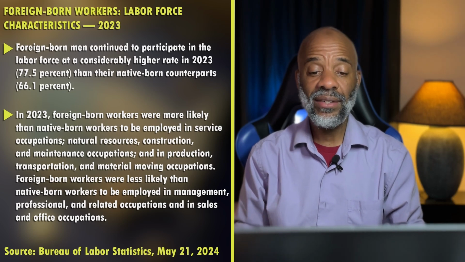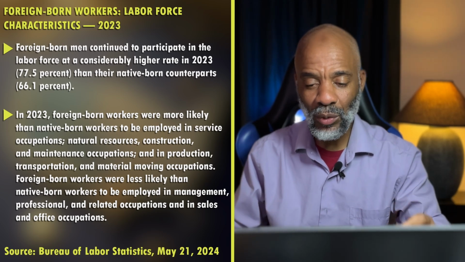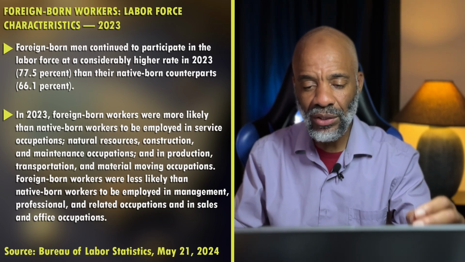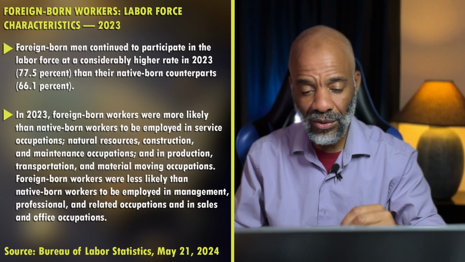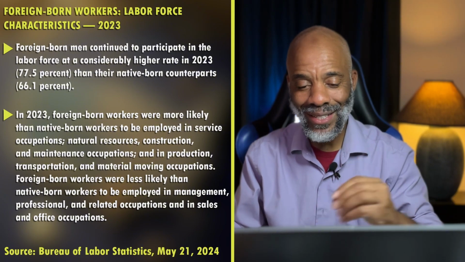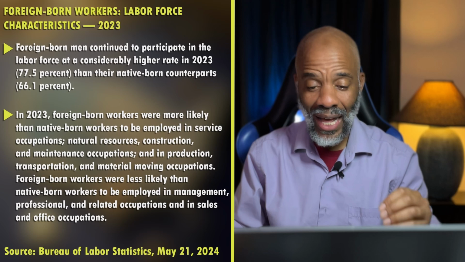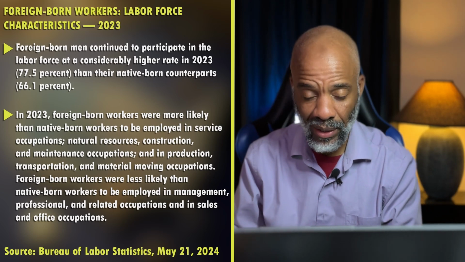On the second point, in 2023, foreign-born workers were more likely than native-born workers to be employed in service occupations, natural resources, construction, and maintenance occupations, and in production, transportation, and material moving occupations.